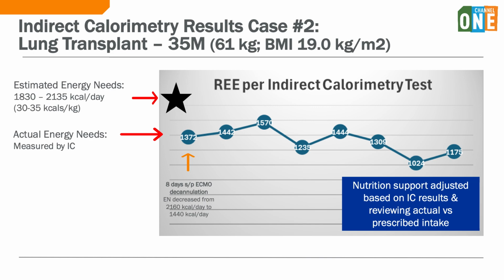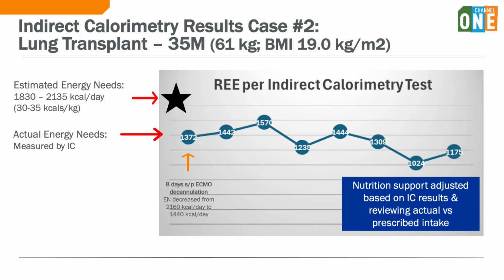Our first indirect calorimetry result that you can see there on the graph was 1,372 calories. With our patient being fed well, the enteral nutrition support rate was decreased to provide 960 milliliters or 1,440 calories using a 1.5 peptide-based formula.